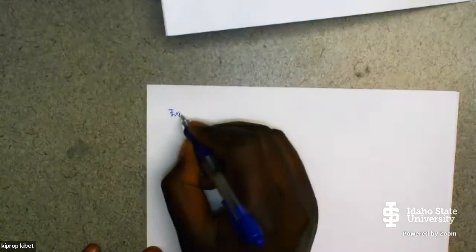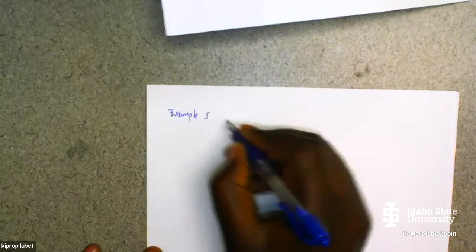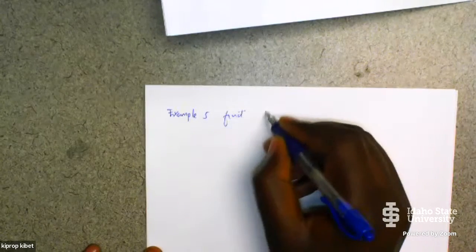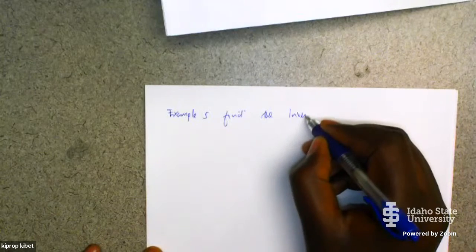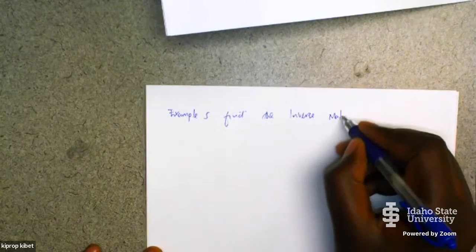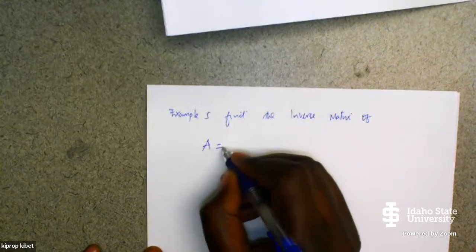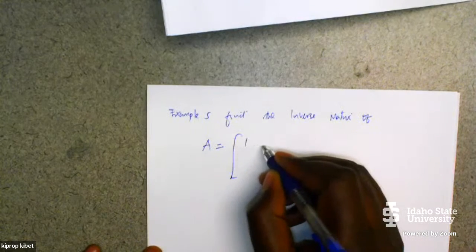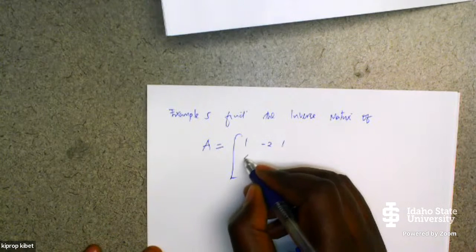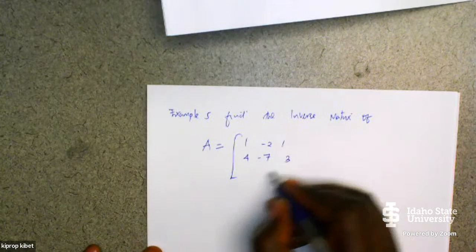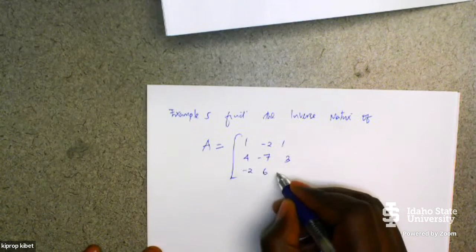Example 5: find the inverse of A, which equals 1, -2, 1, 4, -7, 3, -2, 6, -3.